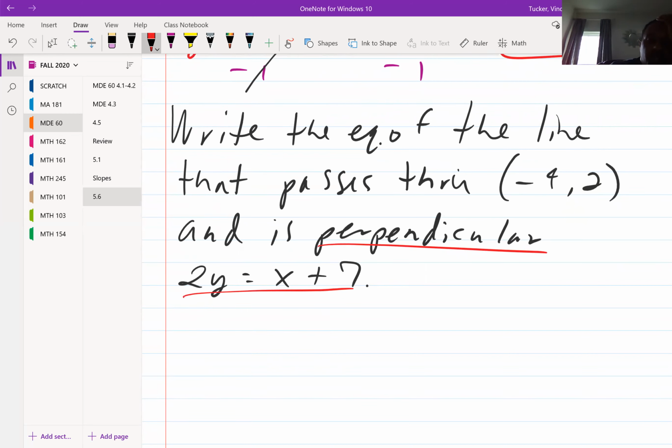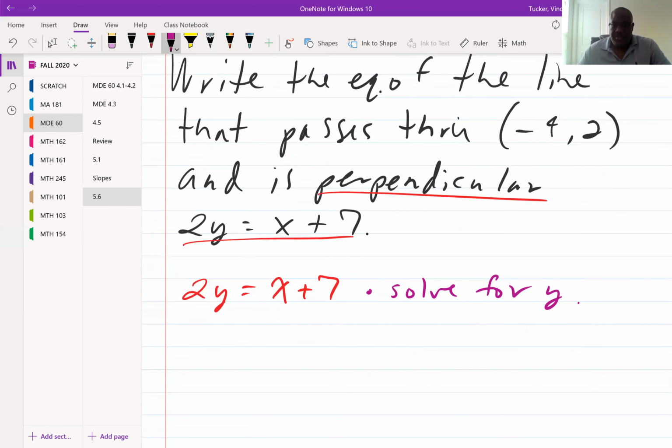In its current state, I do not have a slope established. Remember, it has to be solved for y. So that means I need to solve it for y. Divide everything by 2.